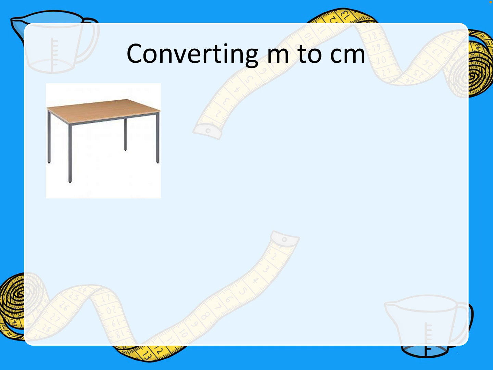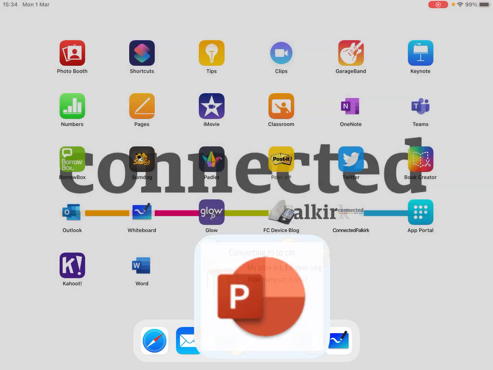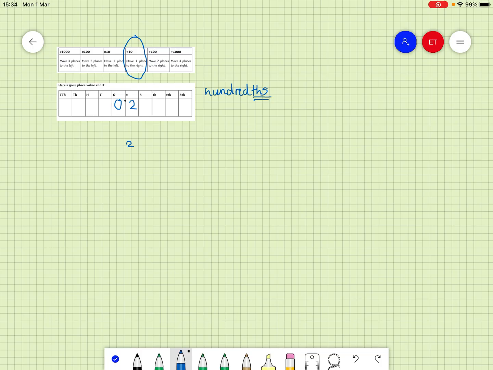So let's have a look. Here is a table. Now my table is 1.4 meters long. So how many centimeters is this? Well, if we go back to my whiteboard, hoping that it's working. Okay.